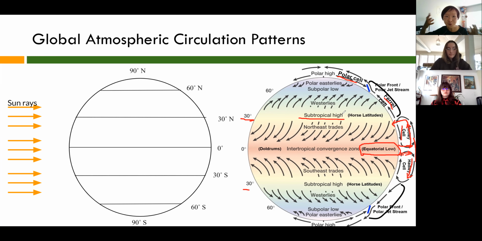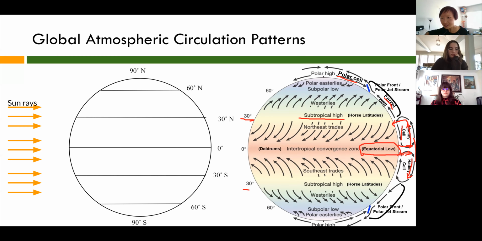Especially in the summer when the subtropical high is very strong, you never see the rain. We have a very dry, hot summer down here in LA. So this is a dynamic high, not because the air is cold.